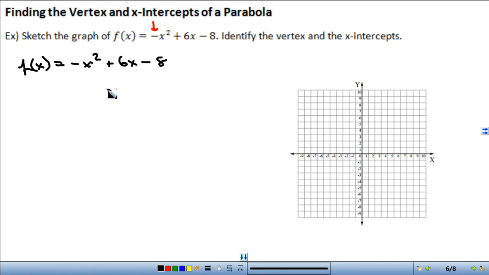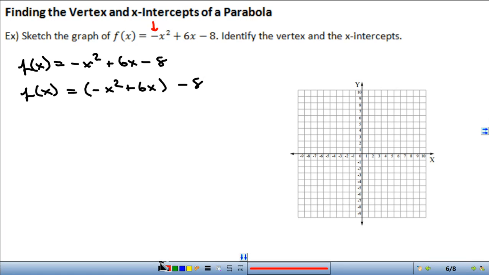So I'm going to do exactly what I did on the last one. I'm going to do f of x equals, and I'm going to put the first two in parentheses: negative x squared plus 6x, minus 8. Now, for this one, the one different thing I'm going to do is I need my coefficient in front of the x squared to be 1. So I'm going to pull out the negative.